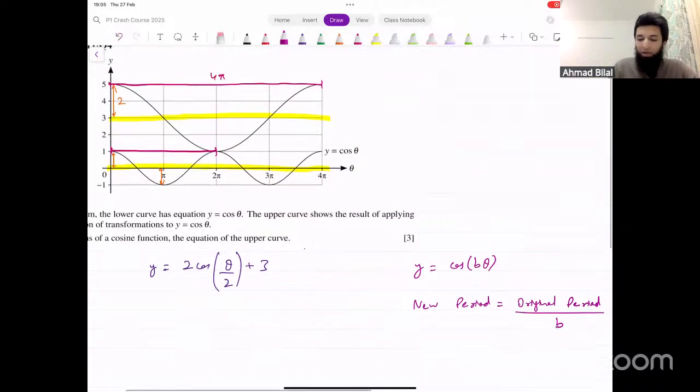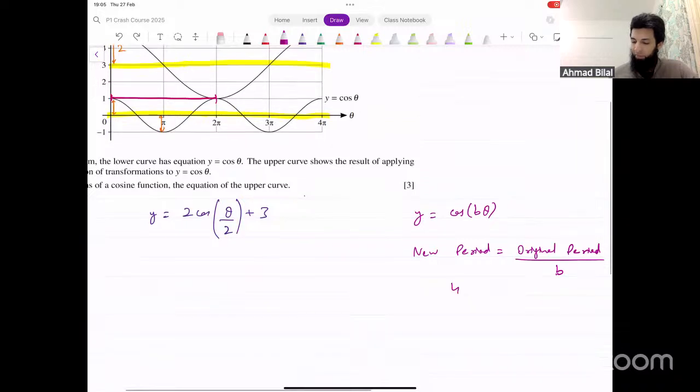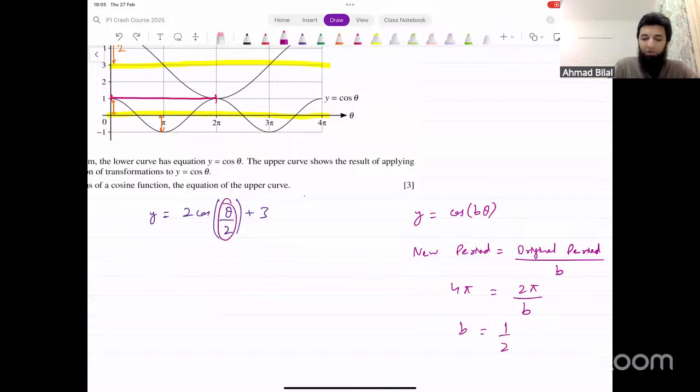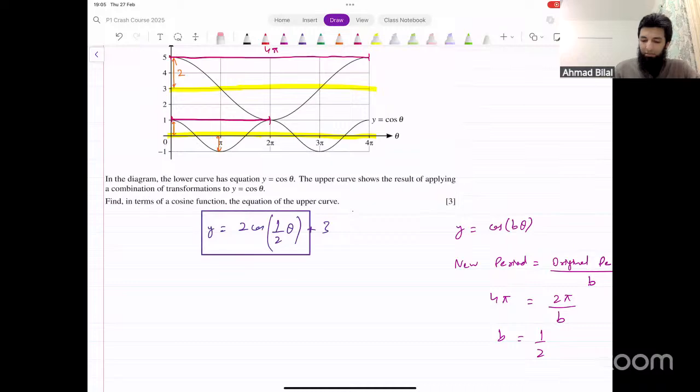The period of the transformed graph is 4 pi. The original period of the cos graph is 2 pi, divided by b, and b turns out to be 1 over 2. So this number here has to be 1 over 2. You could write this as half theta or theta over 2. It's the same thing. That's the function that you have. All right, I hope that makes sense.